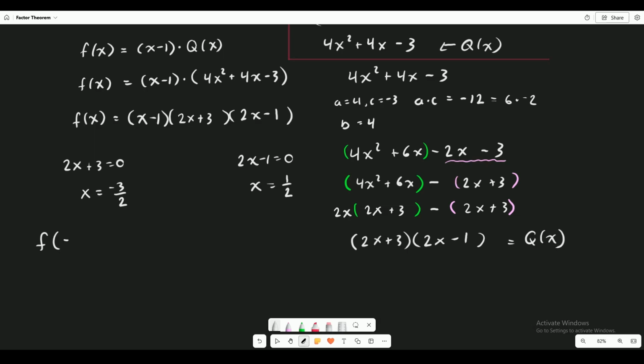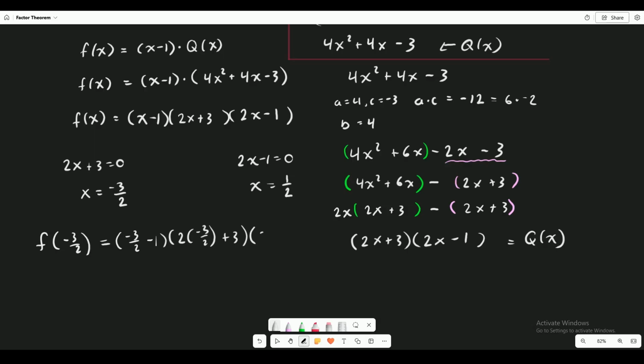So I'm going to test f of negative 3 halves. So this becomes negative 3 halves minus 1, times 2 times negative 3 halves plus 3, times 2 times negative 3 halves minus 1. Right? I'm just plugging in where x would normally be.